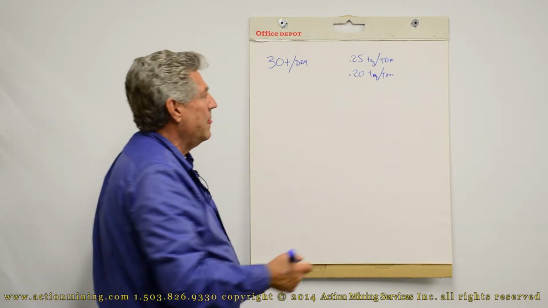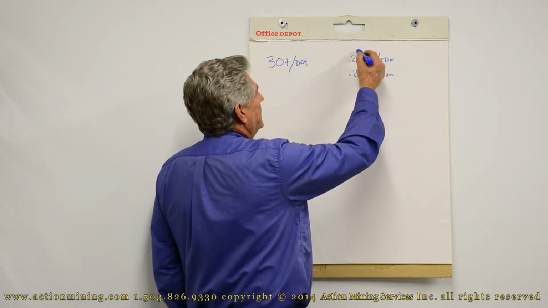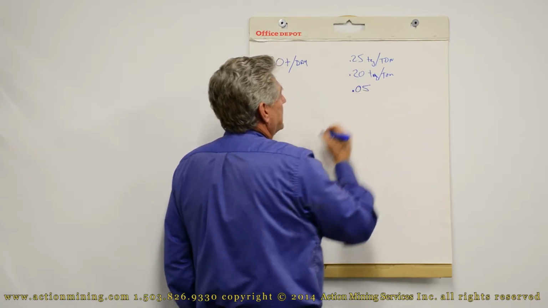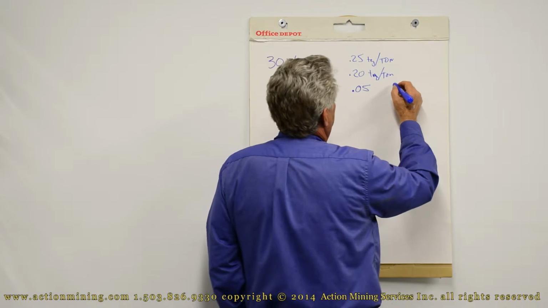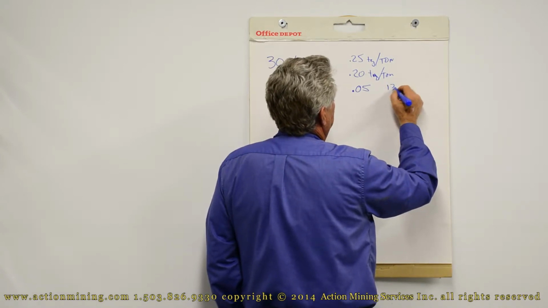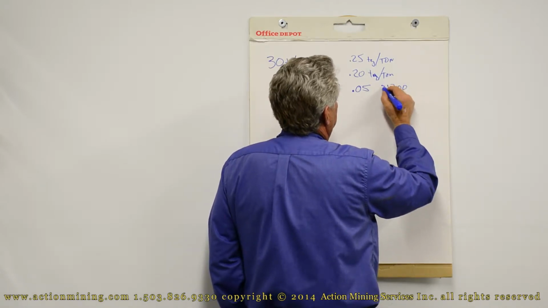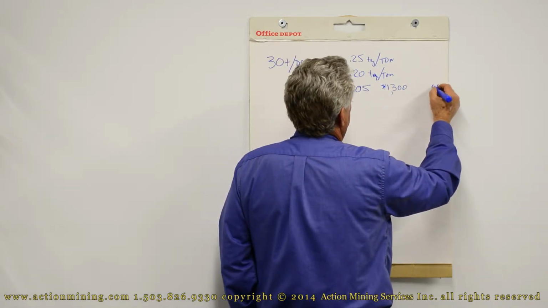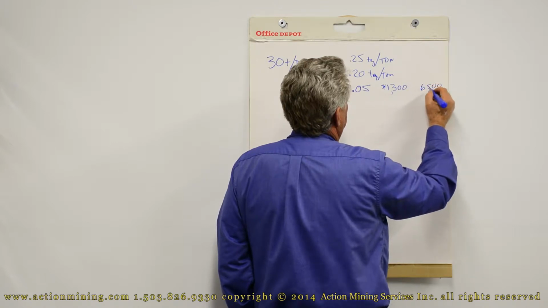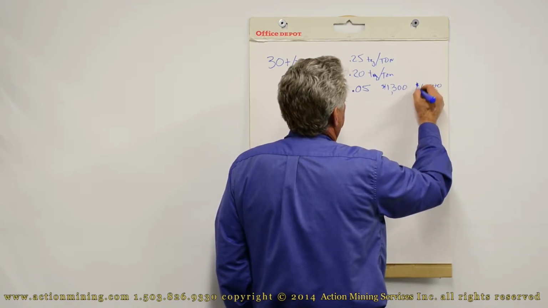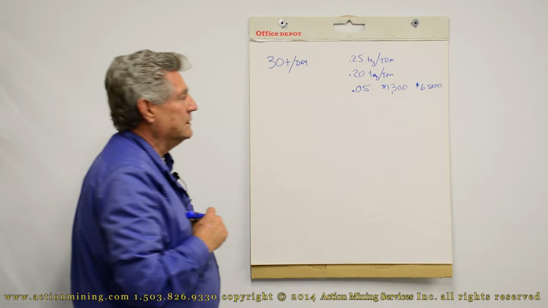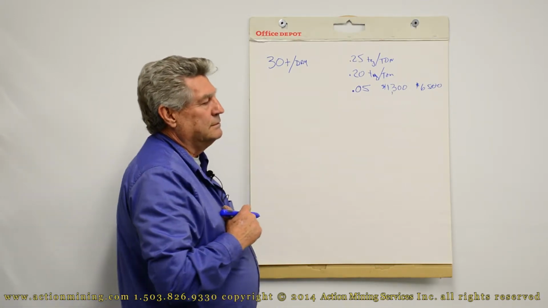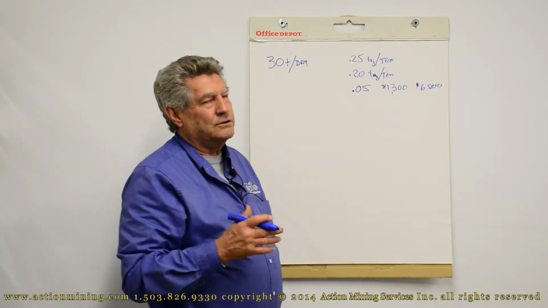So now I'm leaving, and if you multiply that by $1,300 an ounce, you come out with $65 a ton. $65 a ton is starting to push.